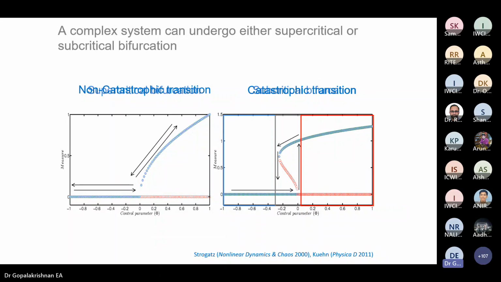Before we begin, just to make things clear again because some people join late: on the x-axis, you have something called the control parameter. This control parameter could be anything. For example, in the case of an ecosystem it can be the dryness of the climate, rainfall, or global temperature.